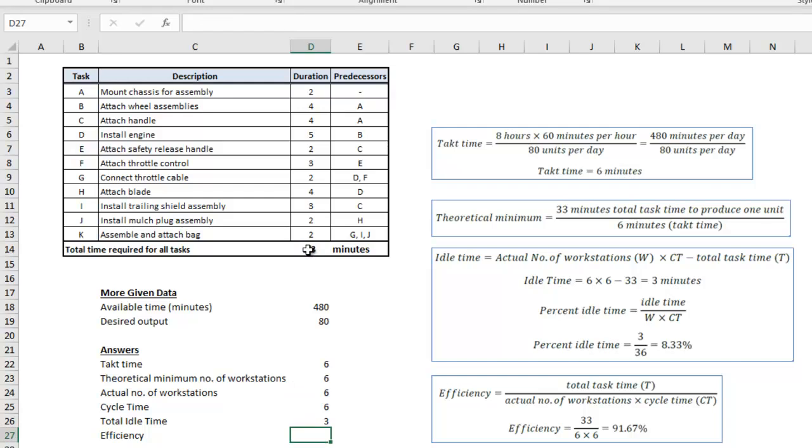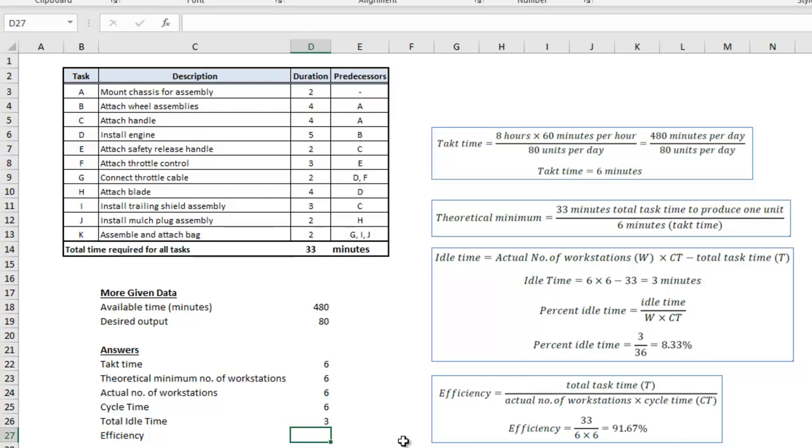Now, we're not being asked what the percentage of idle time is, but if we did that calculation, we would look at the idle time, 3 minutes, divided by the total work time available, which is 36, and that would give us 8.33. But in this case, we are asked to calculate the efficiency.